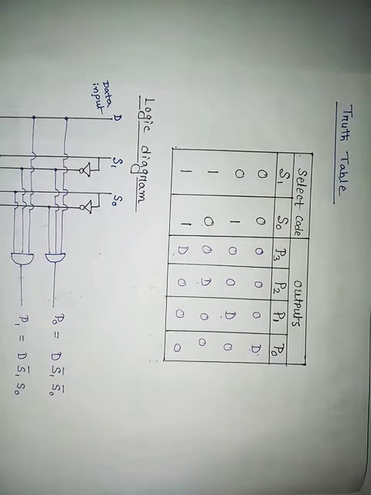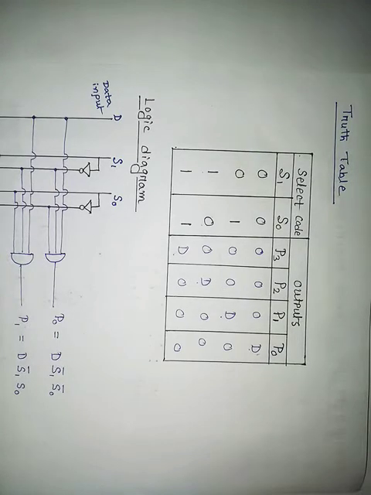For 0 0 the answer is 0, so p0 is indicated as the data output. For 0 1 the answer is 1, p1 is indicated. For 1 0 the answer is 2, p2 is indicated, and for 1 1 the answer is 3, p3 is indicated. That is, our data will flow one at a time with all select inputs.